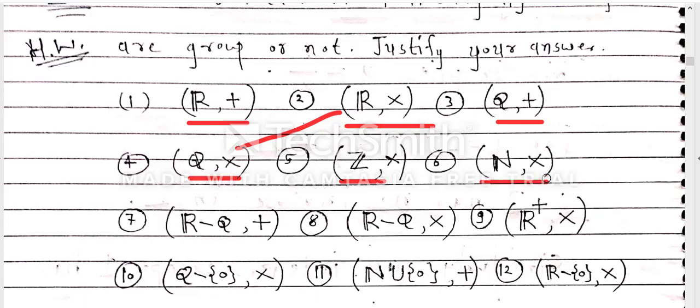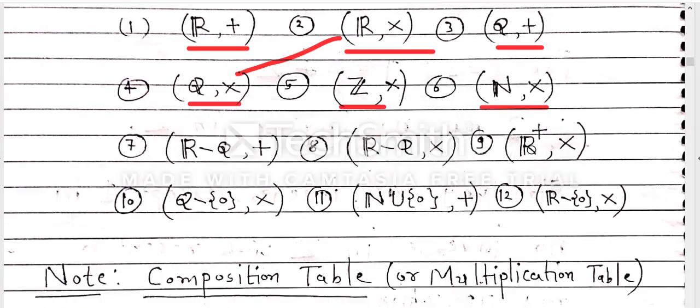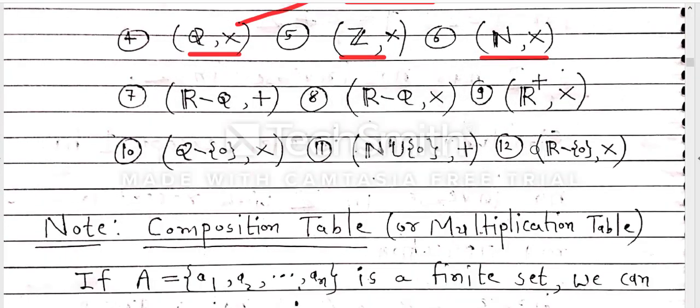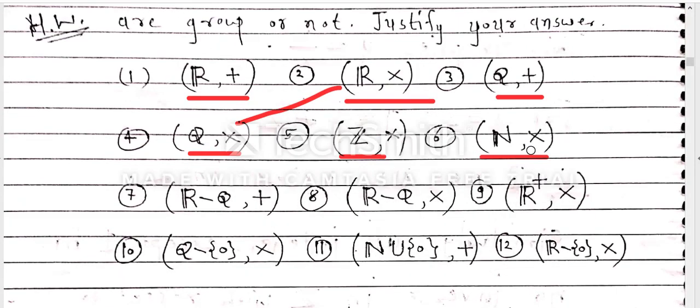Is it going to be a group or not? Again the answer is no. Same argument: suppose I consider 2, then the inverse of 2 with respect to multiplication is 1 by 2, but 1 by 2 is not a natural number. So not every element of the set of natural numbers has an inverse. Similarly, you can check for the remaining sets.